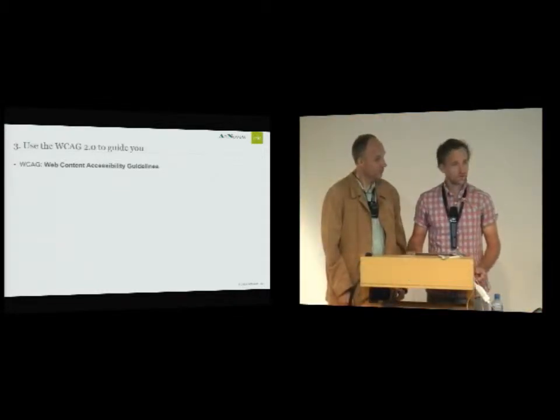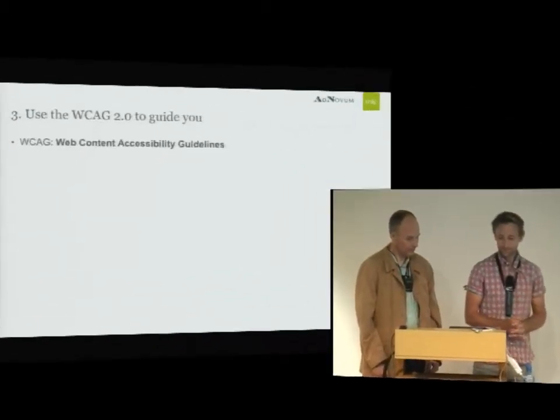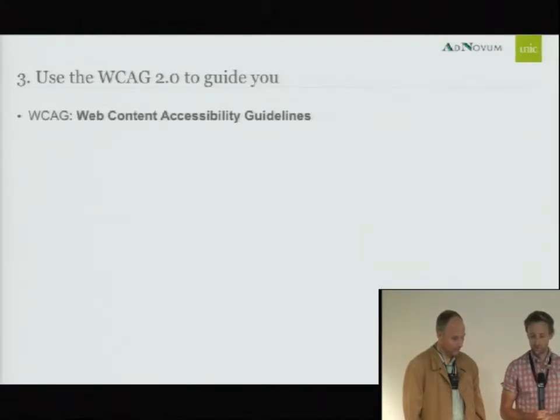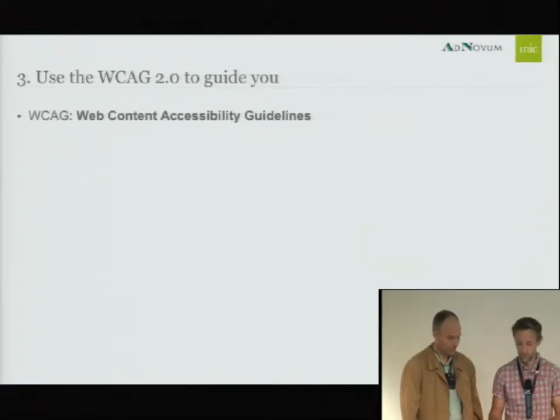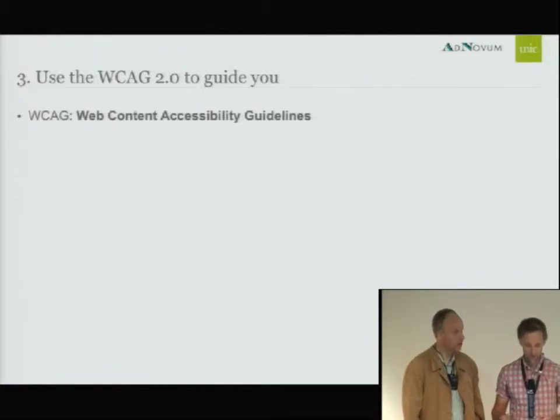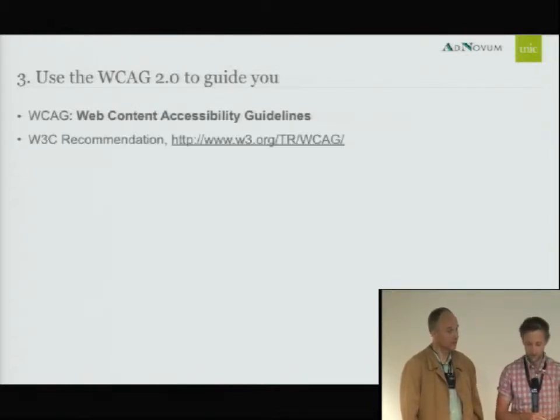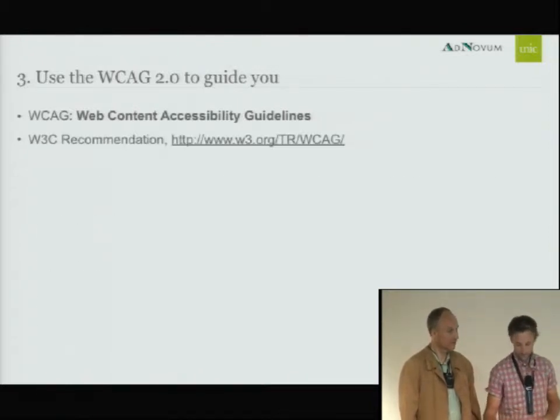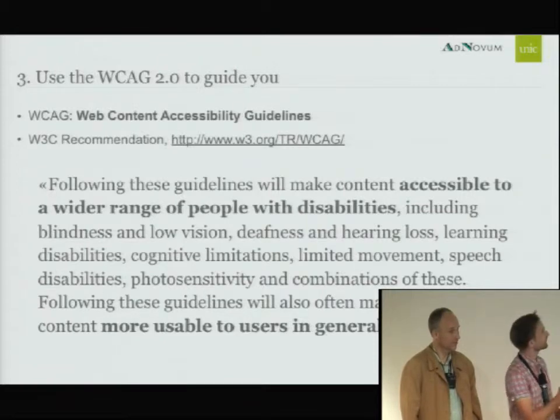Now, the most important guidelines to use when thinking about making a website accessible is the WCAG, which is short for Web Content Accessibility Guidelines. And like HTML and CSS, that's a W3C recommendation. And its goal is to make the web more accessible to a wider range of people with disabilities.